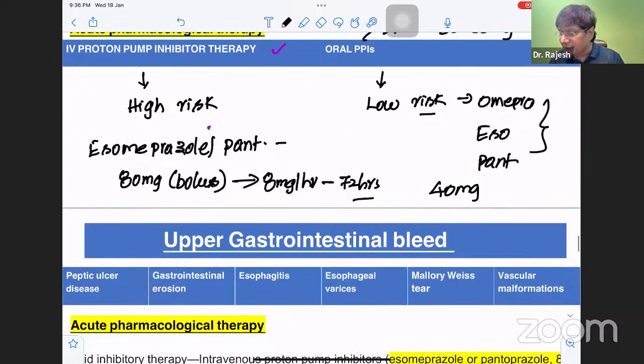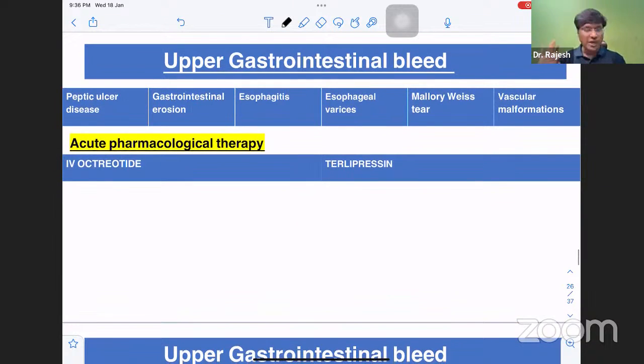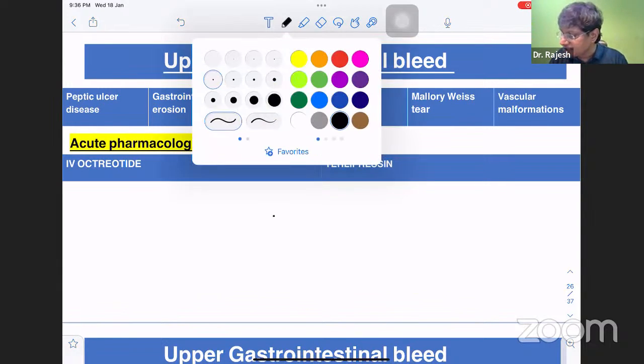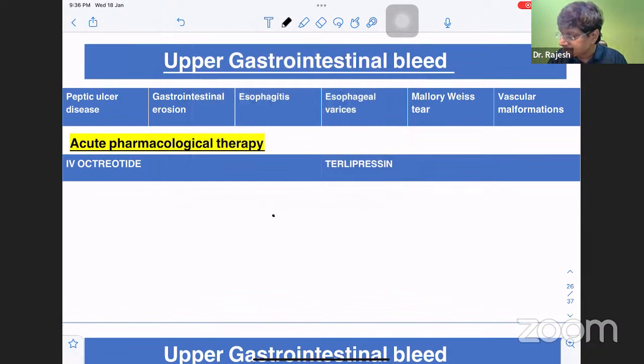One more important thing: the proton pump inhibitor therapy will prevent the development of further ulceration. Then the other important drugs are octreotide and terlipressin. These drugs are very much useful in case of esophageal varices.